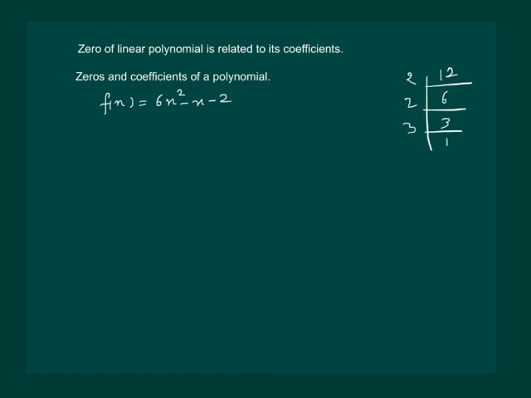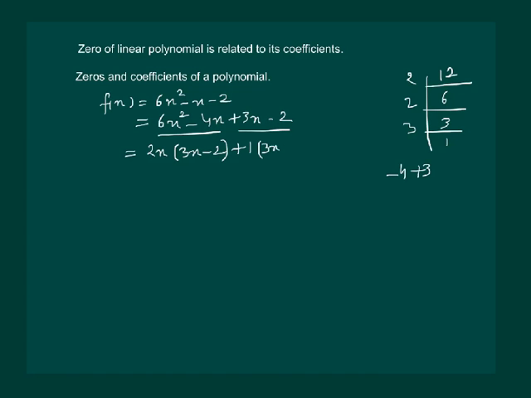For instance, here we can arrange 2 2s are 4 and 3 in such a manner to get minus 1 by taking minus 4 plus 3, and then our polynomial becomes 6x square minus 4x plus 3x minus 2. Take two terms at a time. Taking out 2x common gives us 3x minus 2, plus 1 common gives us 3x minus 2.